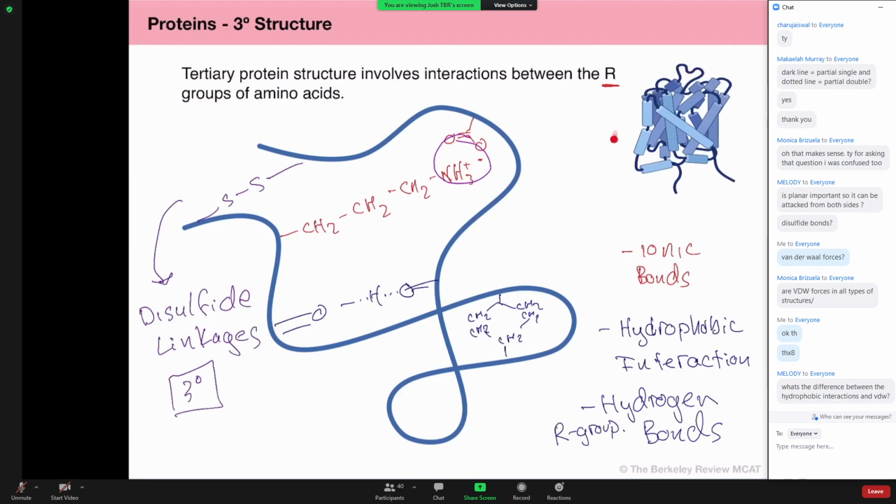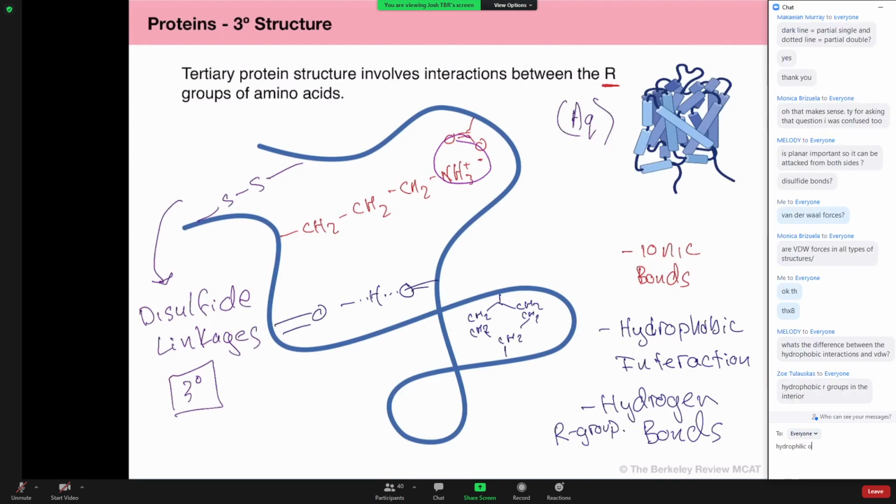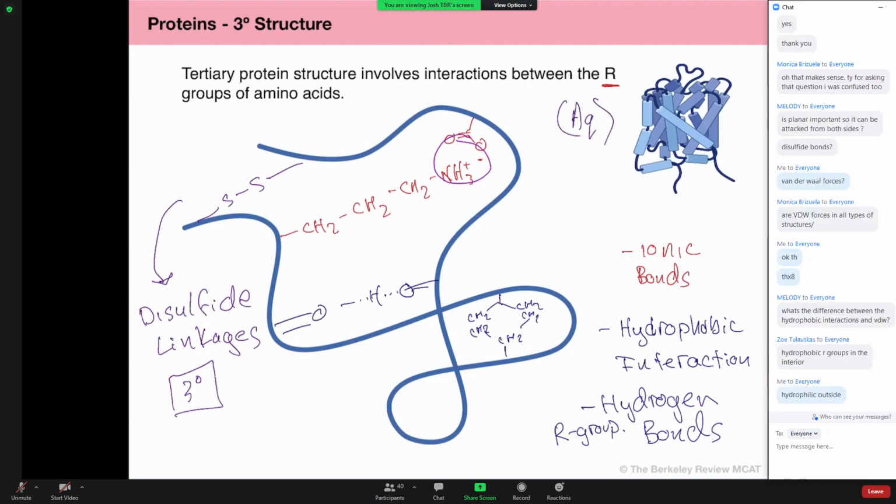And so, in general, how do proteins fold? Right, we're talking about in an aqueous solution because we're in a biological environment, right? So aqueous, right? How do they fold? Yep. Hydrophobic R groups on the interior.